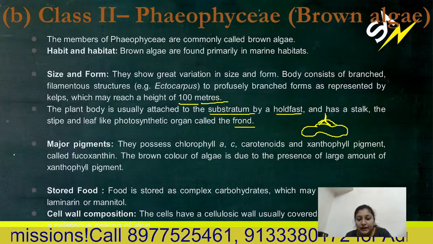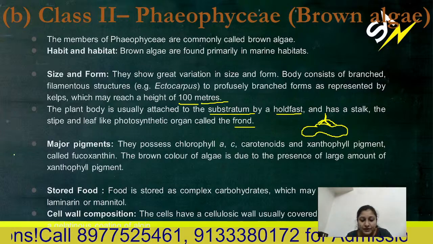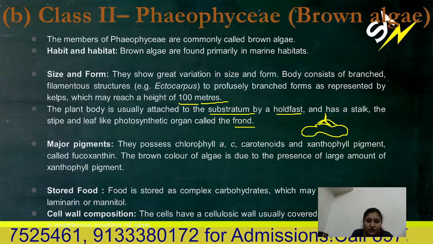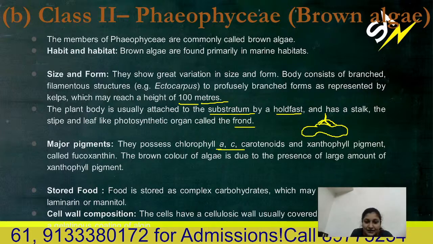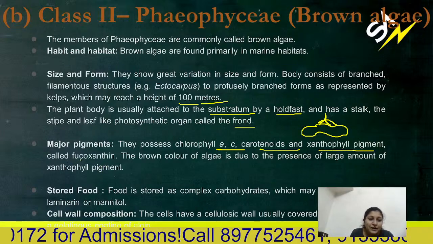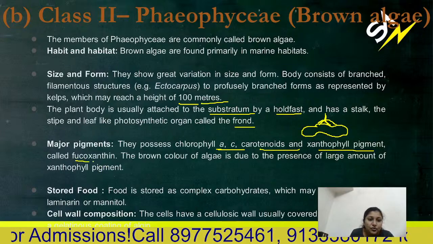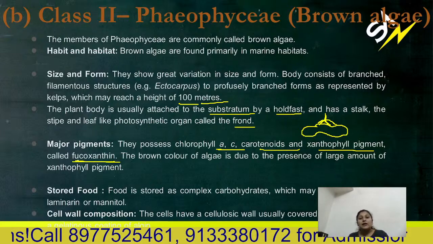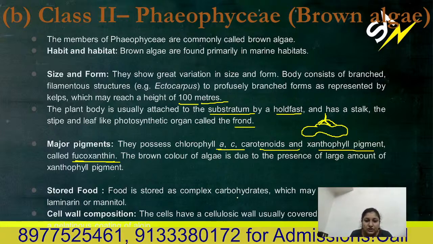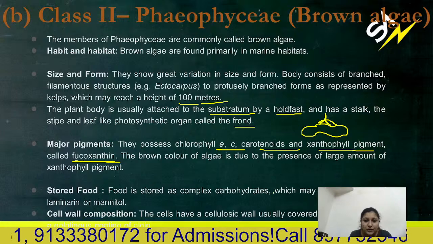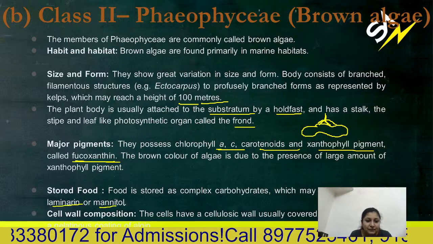Then the major pigments involved in Phaeophyceae are chlorophyll a and c, and carotenoid, xanthophyll, commonly called fucoxanthin. Storage food is complex carbohydrates, which may be in the forms of laminarin and mannitol.